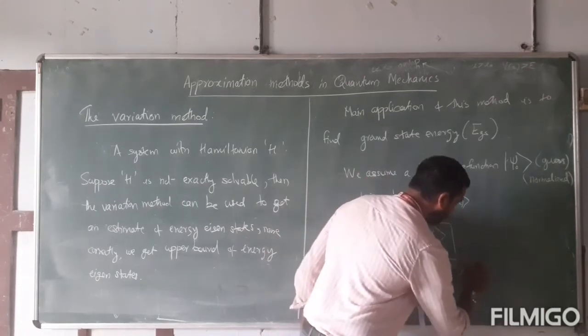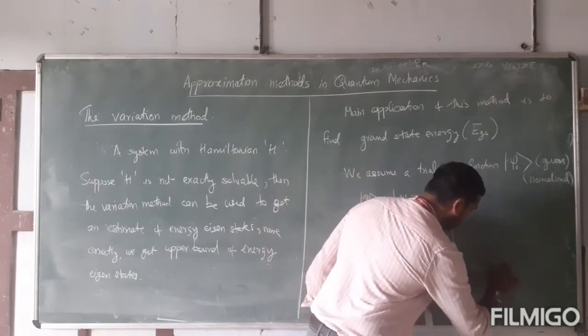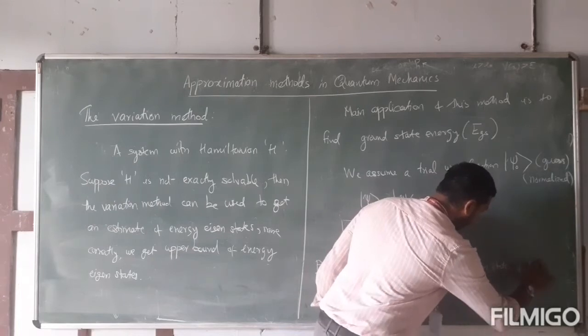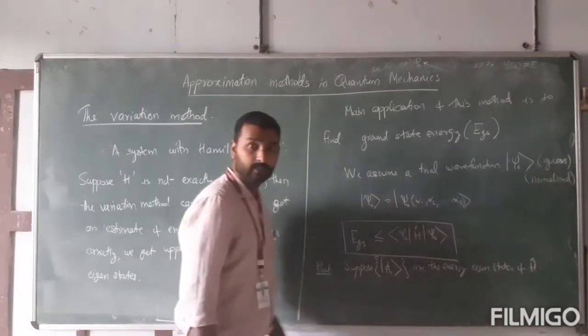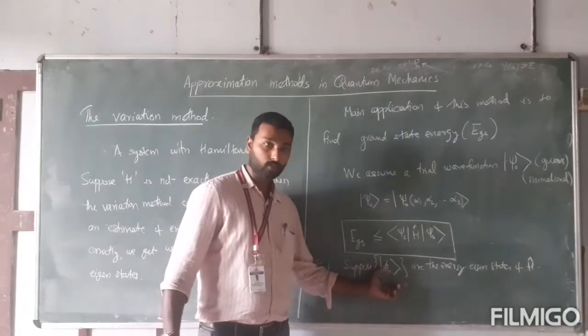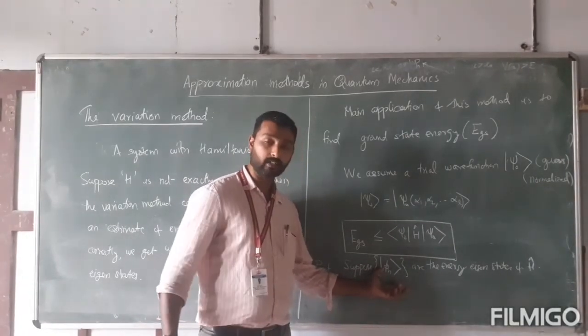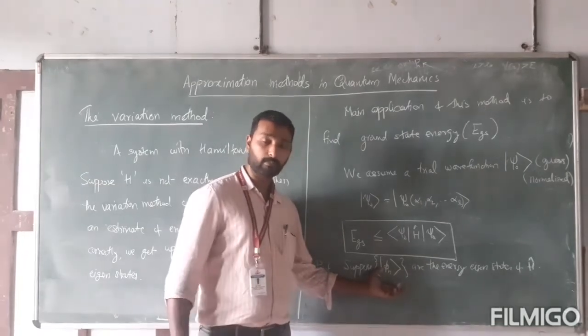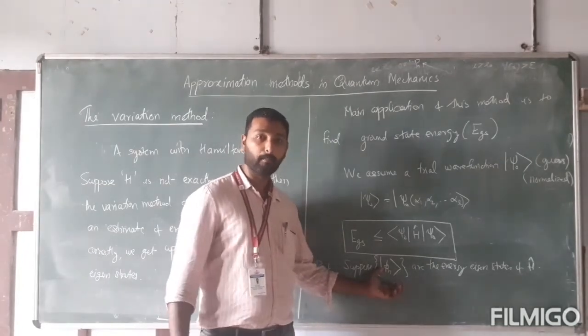the energy eigenstates of H. Then this set phi n can be considered as a complete set, so that we can expand any vector in terms of this complete set. That is from the completeness property.